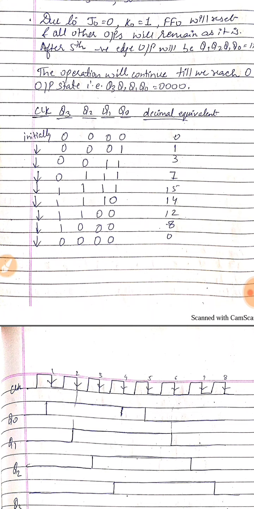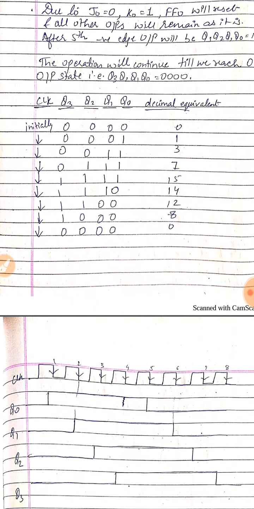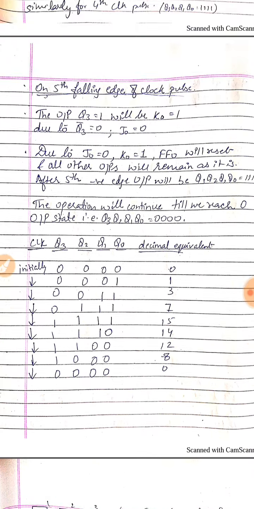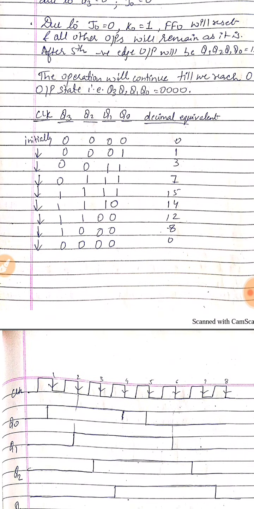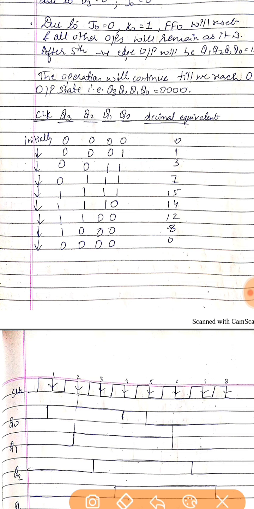And here is the timing diagram of the clock. At every negative edge, as you can see, one flip-flop will set. At first negative edge, as we can see in the picture, Q0 is set.